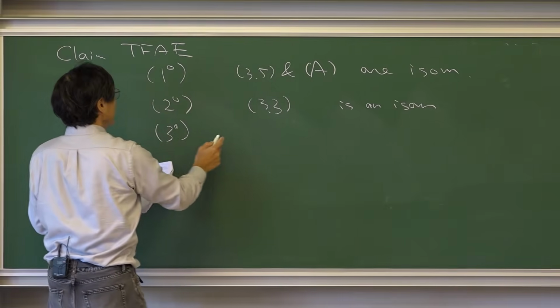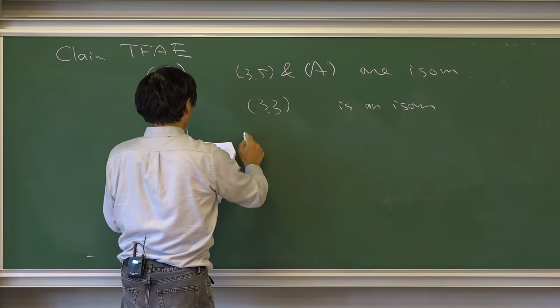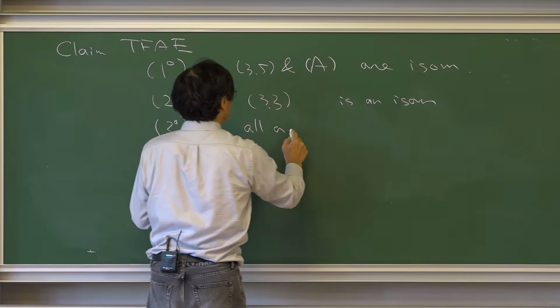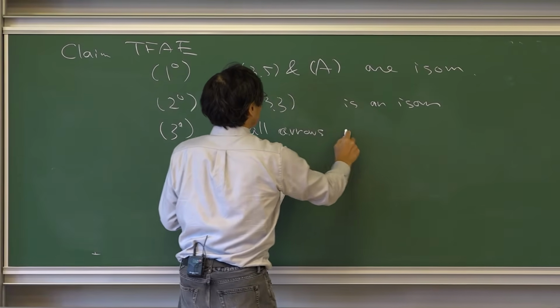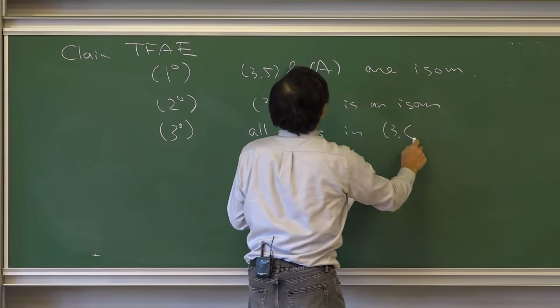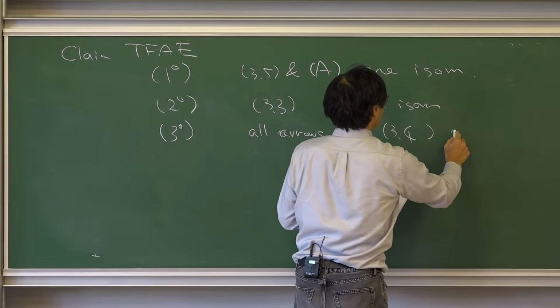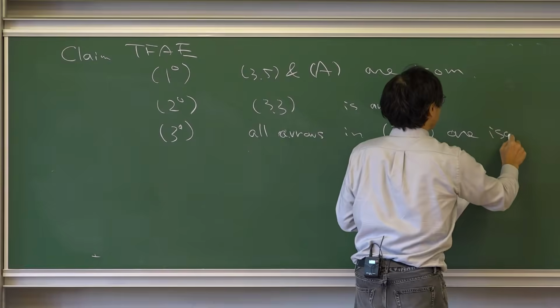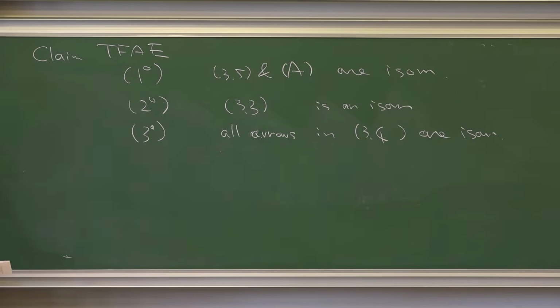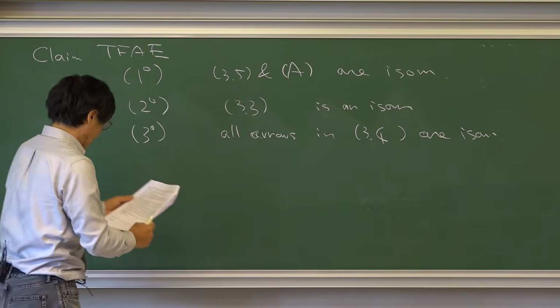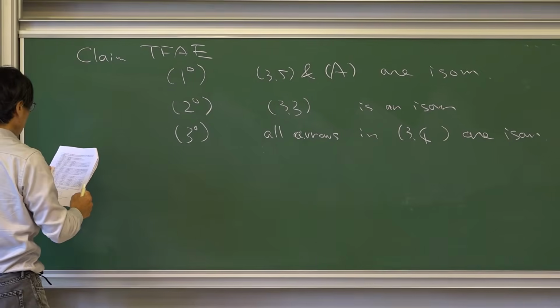And the last one is all arrows in 3.4 are isomorphisms. So we claim this.